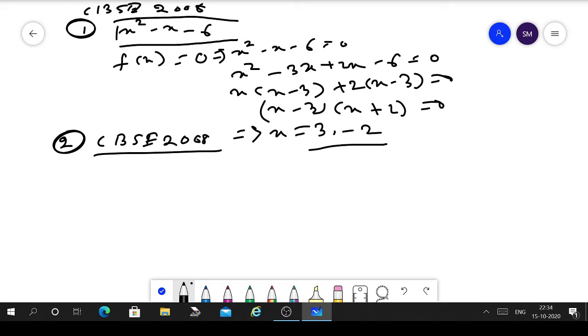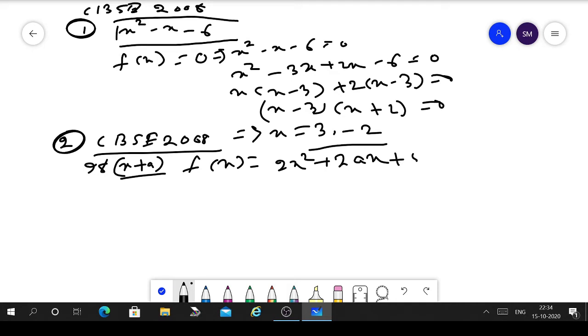Here the question is asked: if x plus a is a factor of f(x), where f(x) is equal to 2x square plus 2ax plus 5x plus 10, then find the value of a.